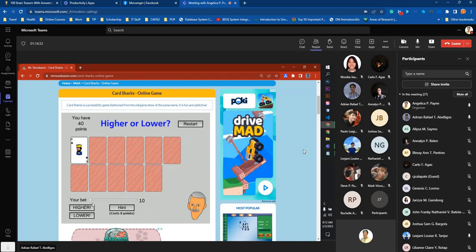I think i-spread mo yan. May nabanggit ka na bang bet mo? Points? Yes, 12. Ayan. Higher or lower? Lower. Ayan, lower. Tamang lower kasi since wala naman nang higher sa king, lower lang talaga.